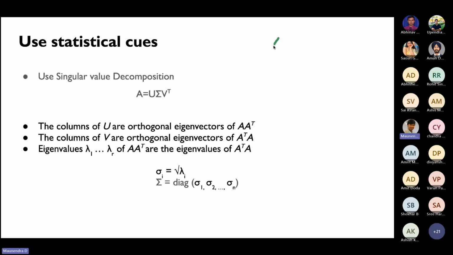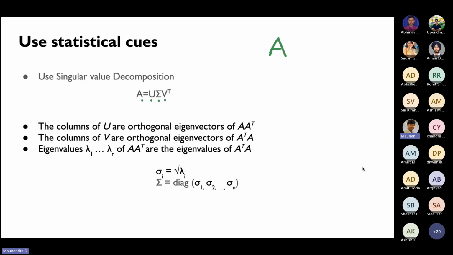If you have a matrix A, you can decompose or factorize it as a product of 3 different matrices: U, sigma, and V transpose. If you multiply U by sigma multiplied by V transpose, you get back A.